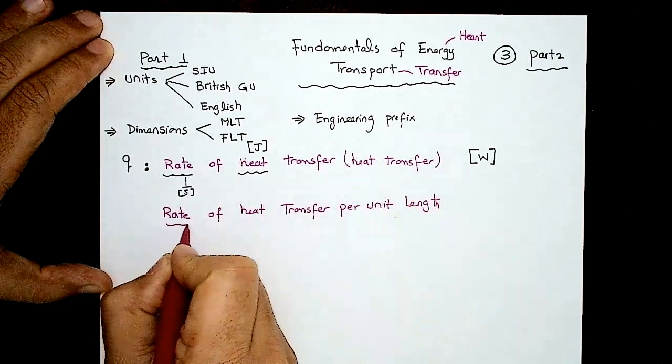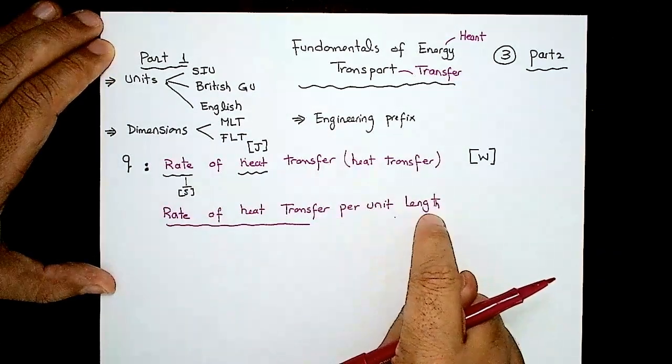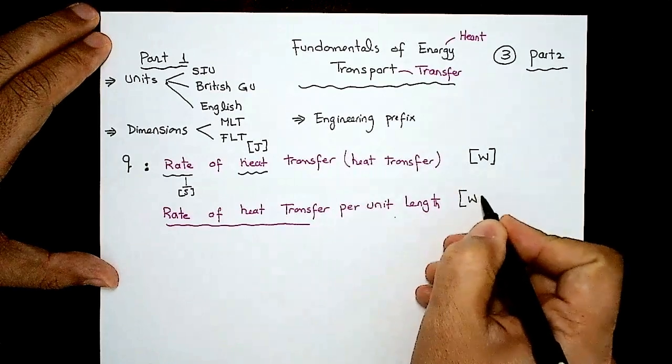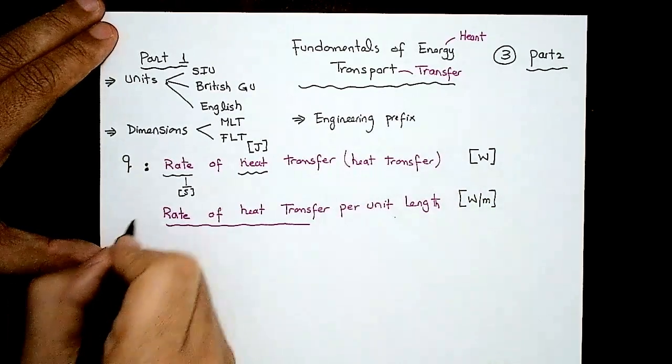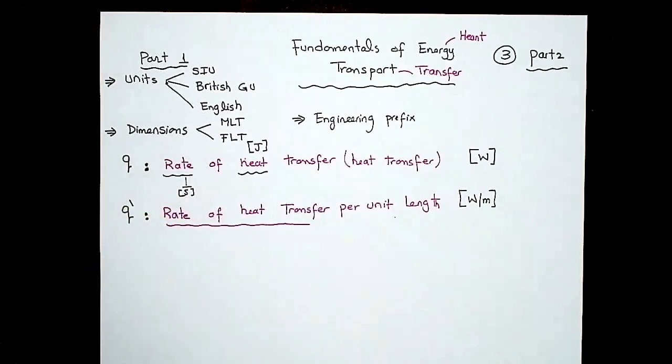Up to here, the rate of heat transfer has the same unit as watts. Now I'm calculating that per unit length, which means the units of that term are watts per meter. As a symbol, we use the same Q, but we put a dash over it. So Q dash represents the rate of heat transfer per unit length. That could be very useful in nuclear applications, because we look at the fuel rod, which has a 10 feet height, maybe 12 feet, and we would like to calculate the heat transfer per unit length of that fuel rod.